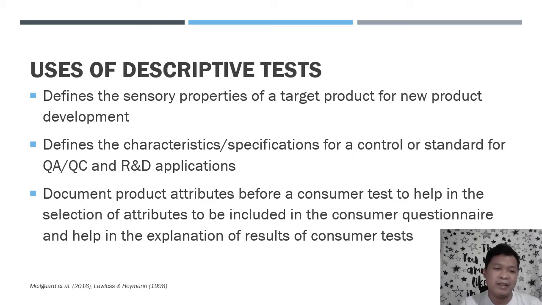So like comparing apples to apples, one kind of apple to another. Alright, so we also wanted to define the characteristic or specification for a control or standard, usually for QA, QC, R&D applications. Since descriptive sensory test is expensive, most small or even medium to large size companies locally don't do this, no? Pero you can actually do it.